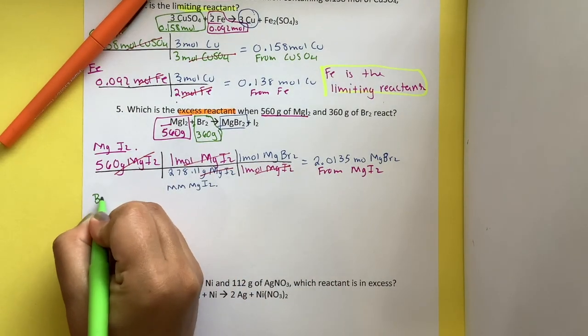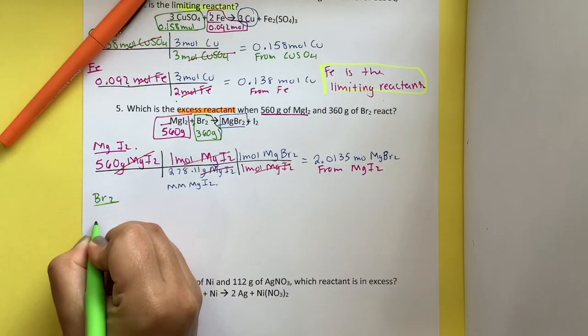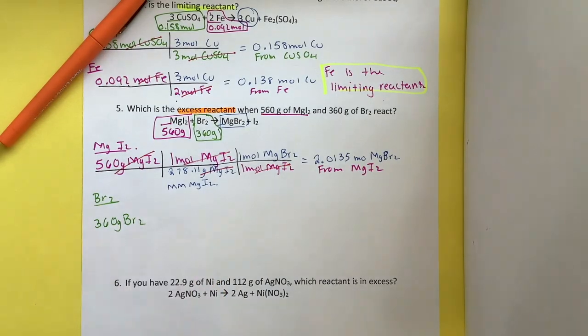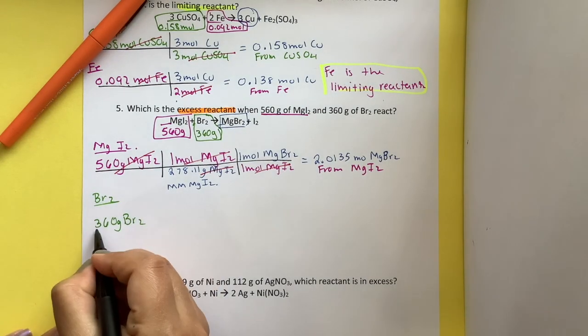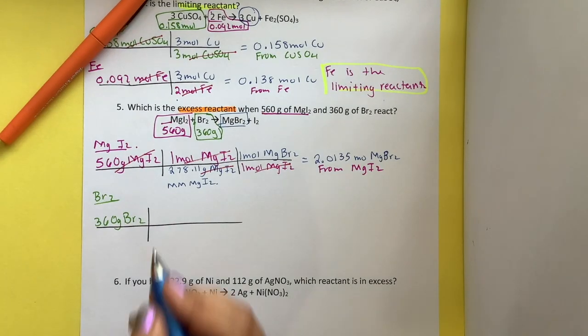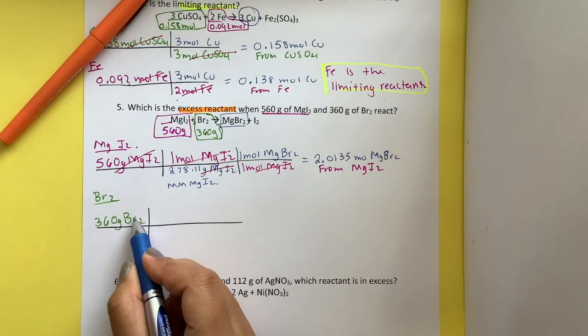Okay, now I'm going to do the same thing, but looking at bromine. So starting with bromine, I have 360 grams of Br2. Okay, since I am in grams, I cannot do the mole ratio yet. I first need to convert that into moles by using the molar mass of 2 bromines.